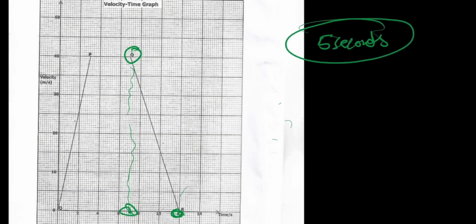And from 7, it comes to rest during second 12. So from 7 to 12, that's how long it has taken for this motorcycle to actually come to rest. So that is going to be 5 seconds. So as you can see, this is not even difficult to understand. You can just look at the graph, understand what is happening, and then you have the correct answers.